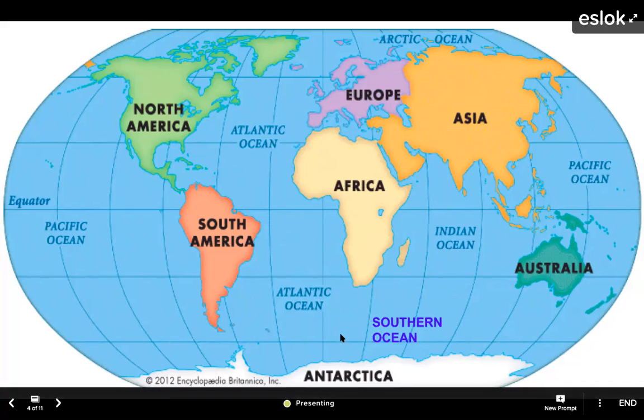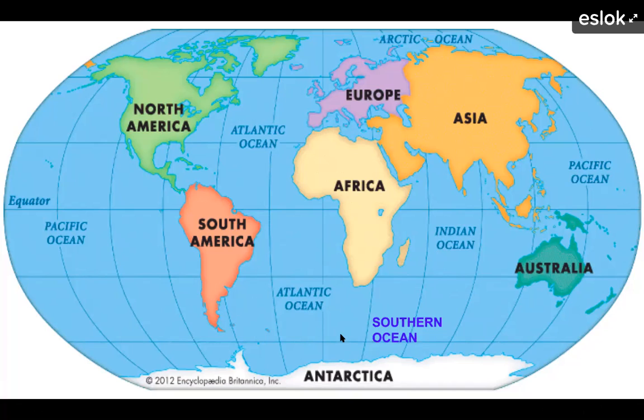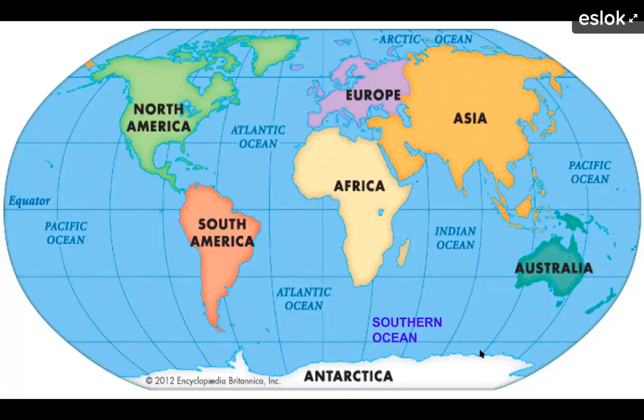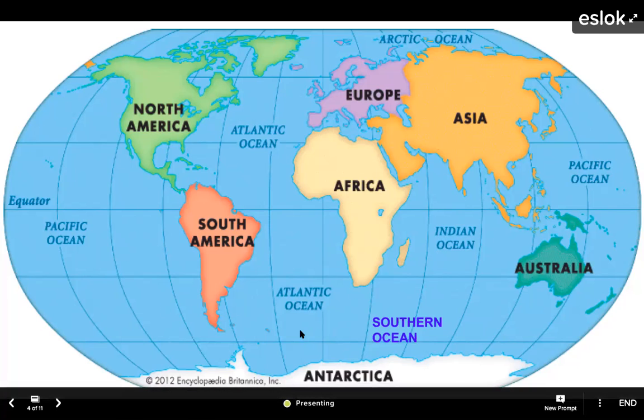There is a game that I posted on Classroom already where you can practice that, and it's got to be on your own time. I'm going to start expecting all of you to know all of your continents and oceans, because they're going to be a huge part of everything we're going to be talking about this whole year. If we don't know this, things are going to be very confusing once we move forward.